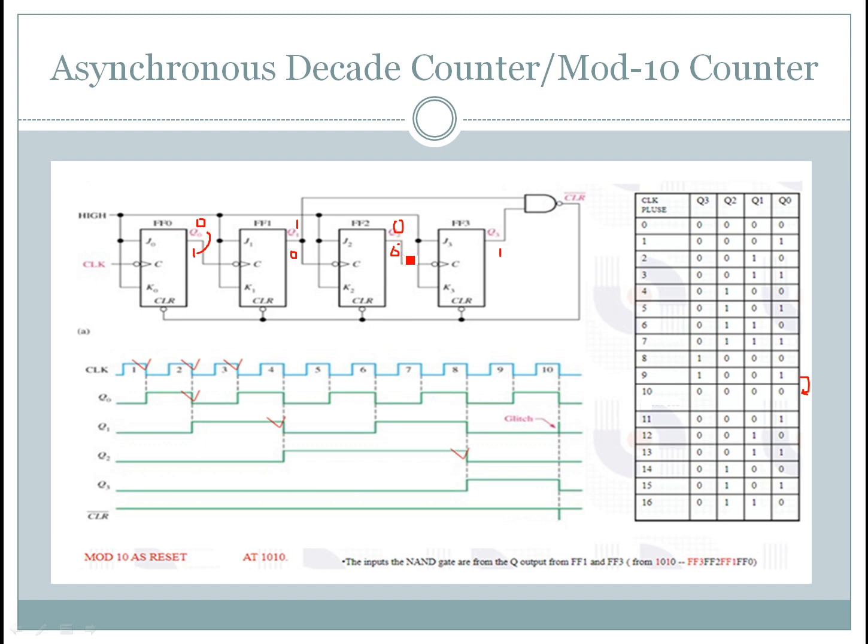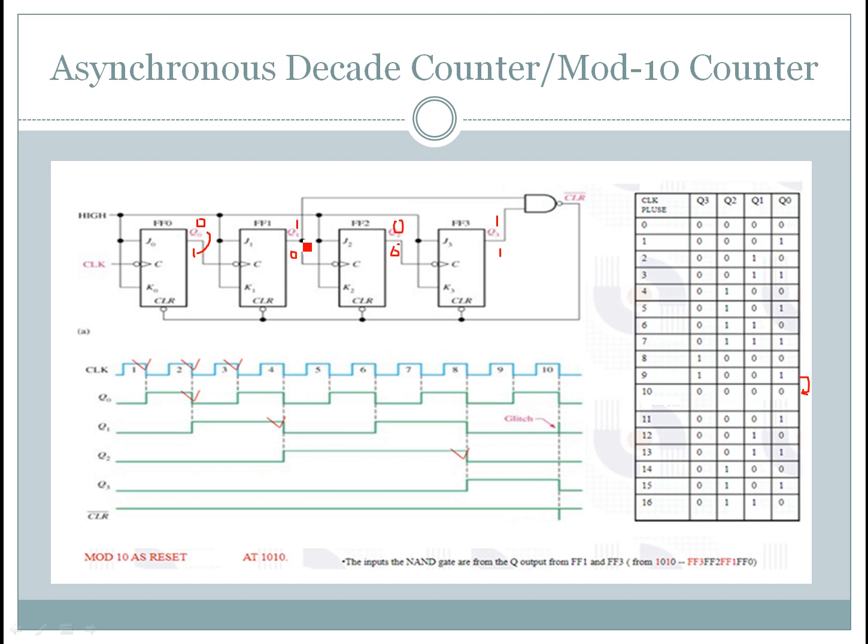And again here there is no transition. It retains its previous value, that is 0. Hence FF3 will not change its state. It maintains its previous state, that is 1. But as soon as it changes its output, you can see it here: 1 0 1 0.